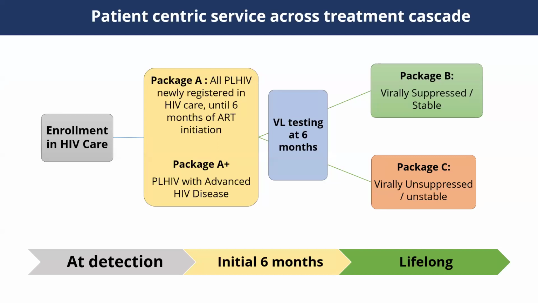Anybody else? 10 seconds. Yeah, good. So it's basically all re-engaged patients. That is, the ones you are retrieving, you had better put them under package C. These are all unstable patients, or virally unsuppressed patients, is where we are putting them.